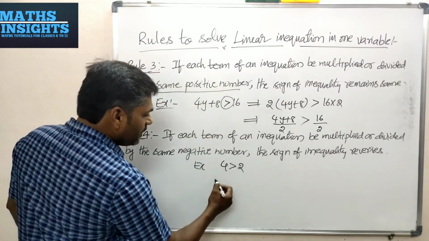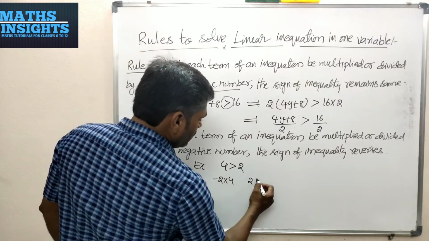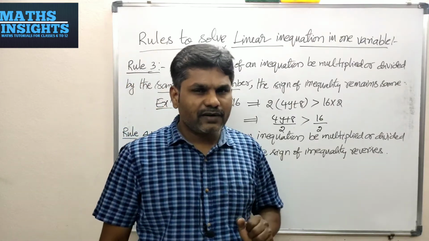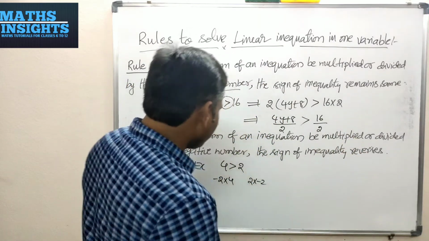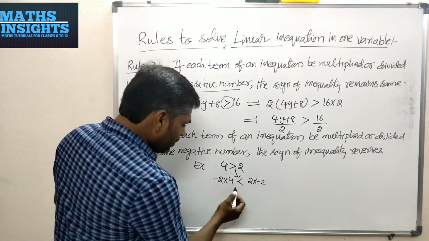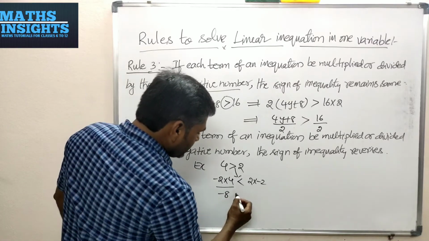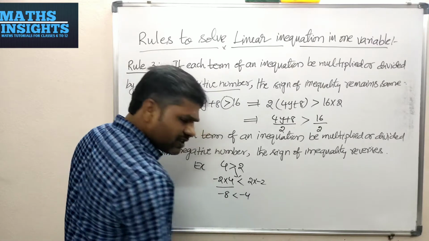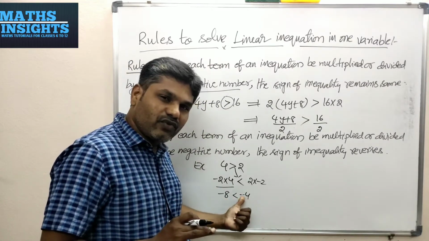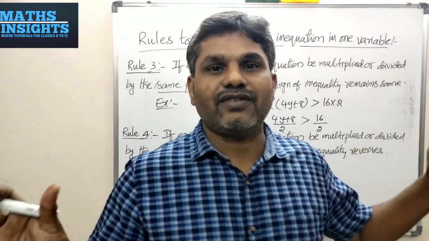But when you multiply this by minus 2, minus 2 into 4, here also 2 into minus 2, and both sides of the inequality are multiplied by a negative number, the sign of inequality will reverse, and become less than. We will verify it. Minus 2 into 4 becomes minus 8, which is less than minus 4. This is also true, because even though the number is big compared to 4, it is bearing a negative. Negative means negative itself.